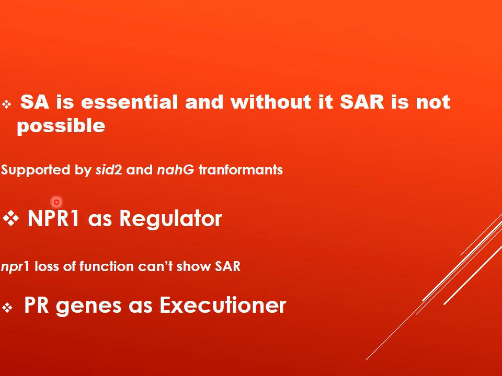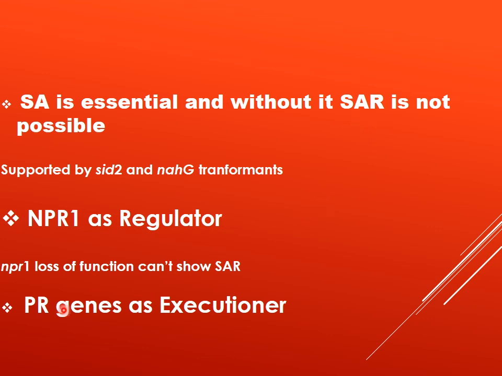It means this gene has some kind of role in systemic acquired resistance, and it is now considered a master regulator of it. This is also supported by the evidence that a loss-of-function NPR1 mutant is unable to show SAR. It means without NPR1, SAR is not possible.